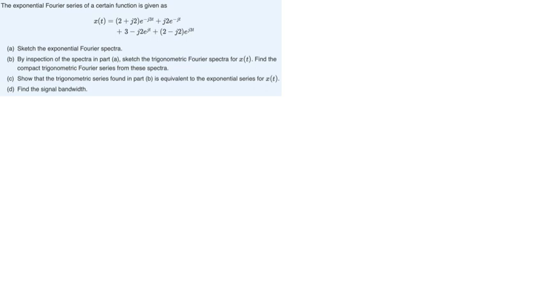Because remember we say x of t is the summation of dn e to the j n omega naught t, right? So now it's given to you in this form. That's what you have here.